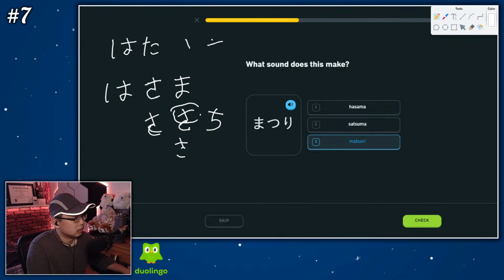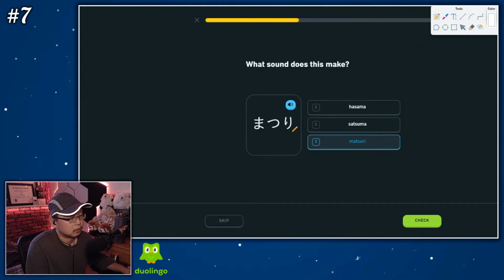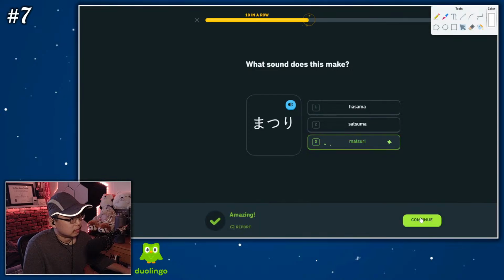Oops. I should do it this way. Yeah, when I'm lifting up, it's not registering. So Satsuma. And then Matsuri. Let's see if they tell us.